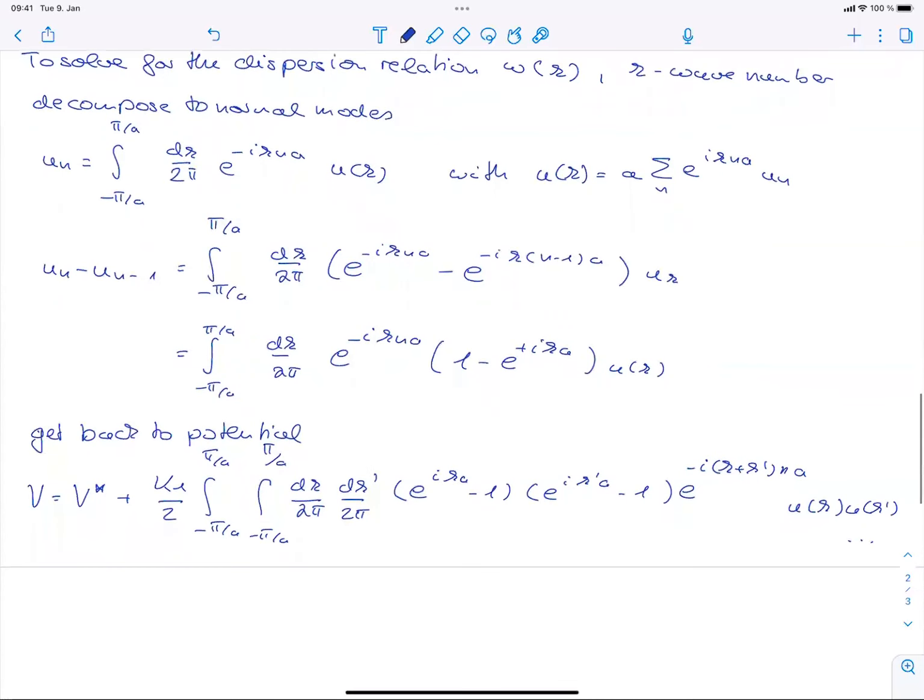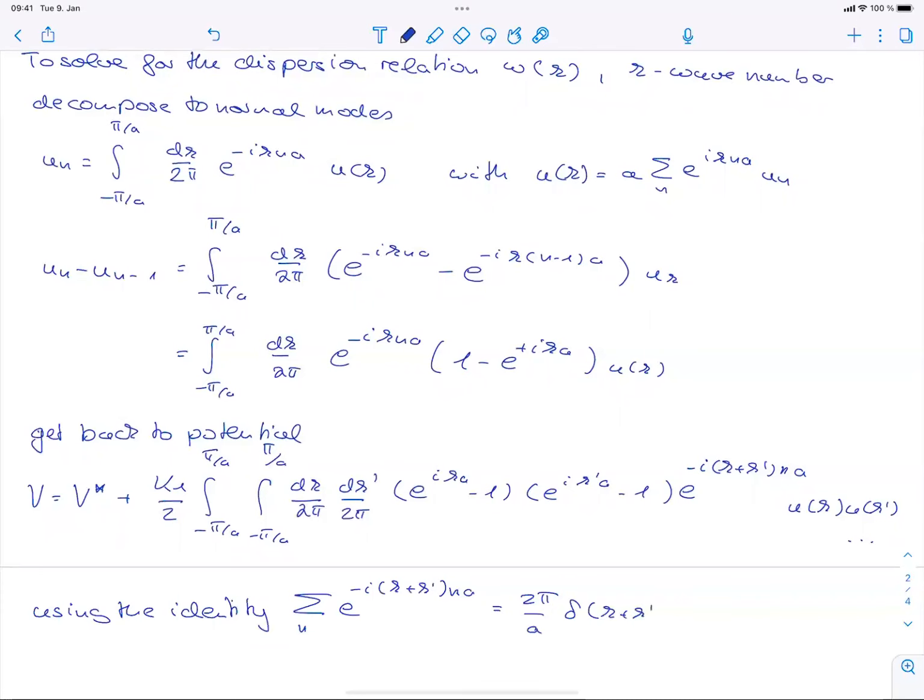And then we can use the identity that the sum over all modes e to the minus i (k plus k prime) n a is just a definition of the Dirac delta of k plus k prime.